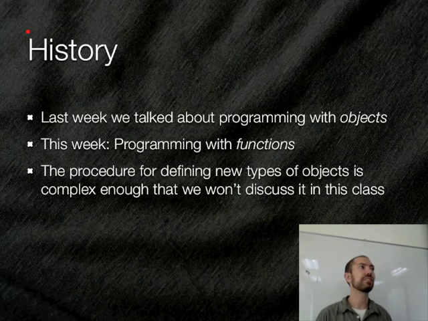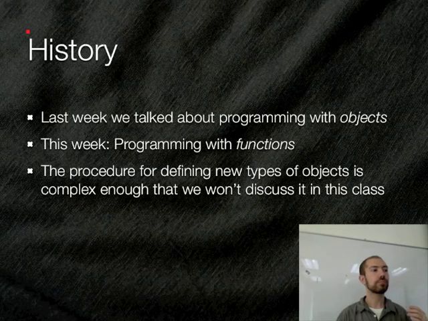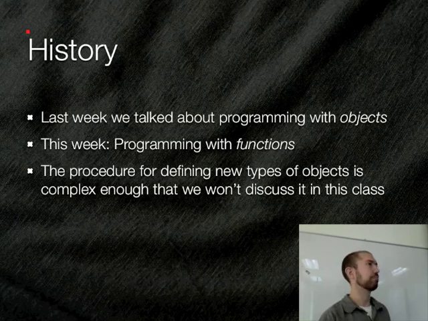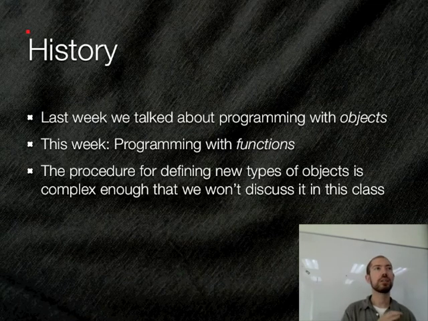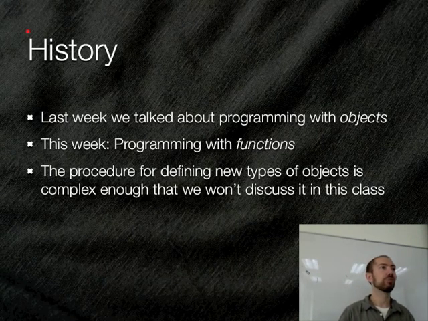And basically the reason I decided to do it in this order is because using objects is probably easier than making your own functions. But making new types of objects is pretty complex in Python and just in general. So you guys will never need to create a new type of object. You know what I mean? It is possible, of course, in Python.